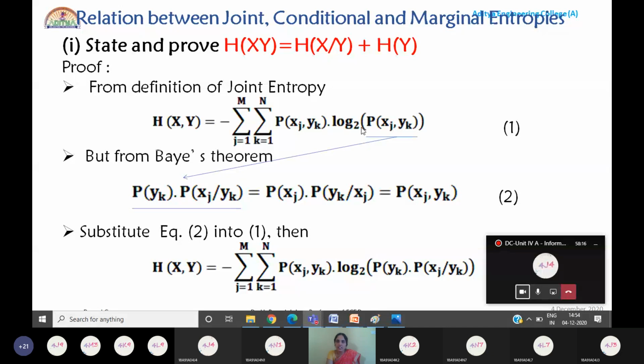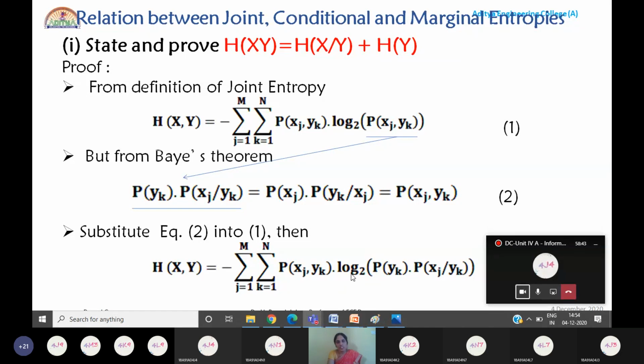Just this internal term is replaced like this using Bayes theorem. So why only the first term, why not replace the second term? Because if you observe the RHS term, it's only related to the term shown in the first one, that is p of yk into p of x by y. So the logarithm internal term is replaced.